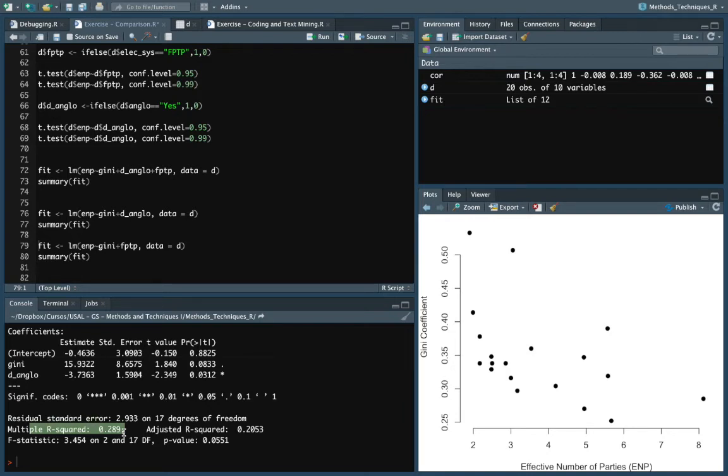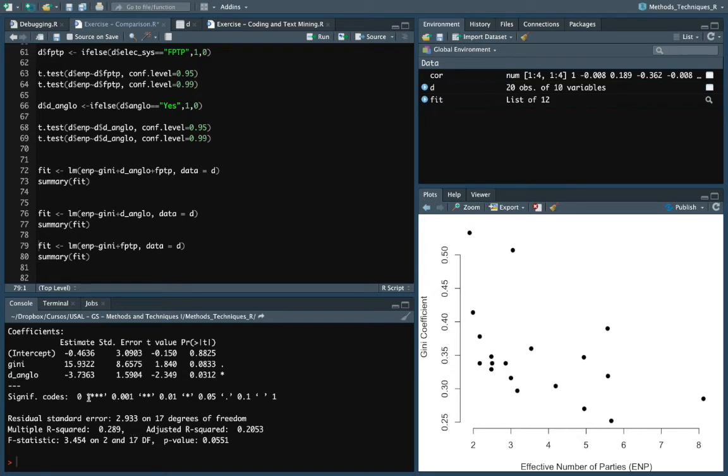Basically, this coefficient tells us how much of the variation within the dependent variable is explained by this model, by these two other variables. In this case it is 0.289, 28.9% of the variation is explained by this model, the Gini and the Anglo-Saxon countries.